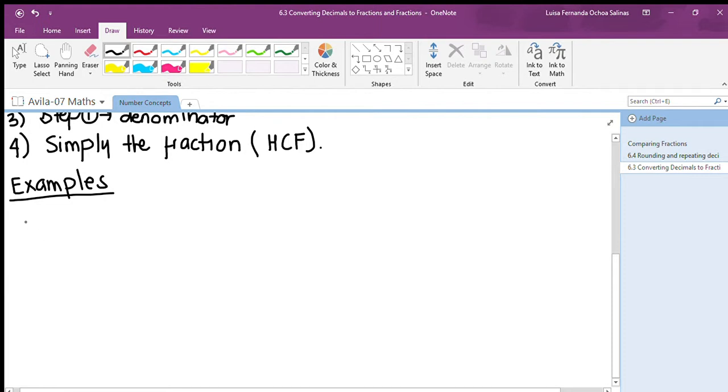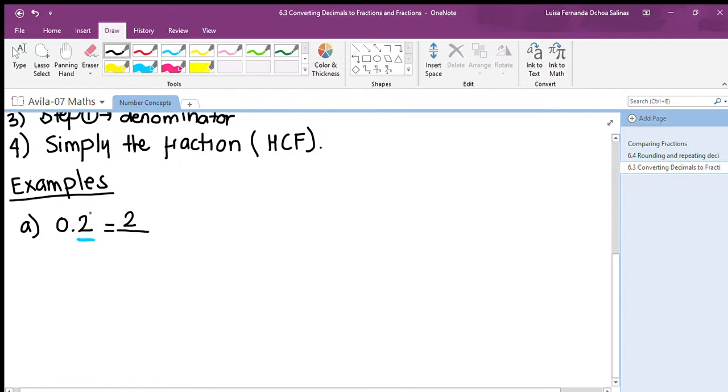So let's do a very simple one first. Okay, so our first step says that we need to identify the place value of our decimal. So we know that this one is in our tenths. Therefore, if we're going to write this, the number after the decimal point, this number 2, is going to become our numerator, and our denominator is going to be the place value of the last digit.